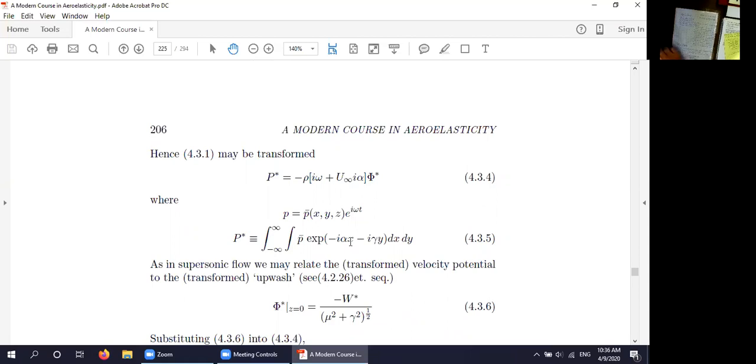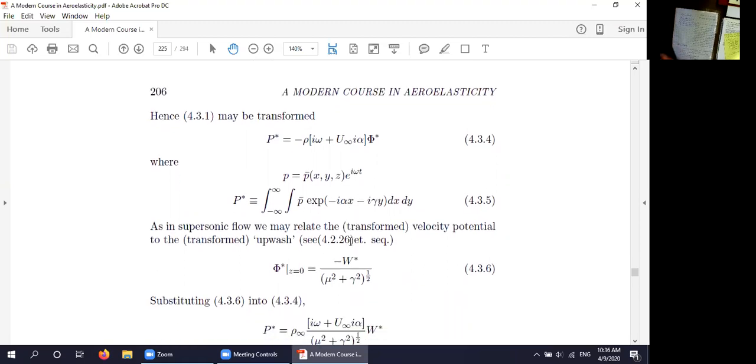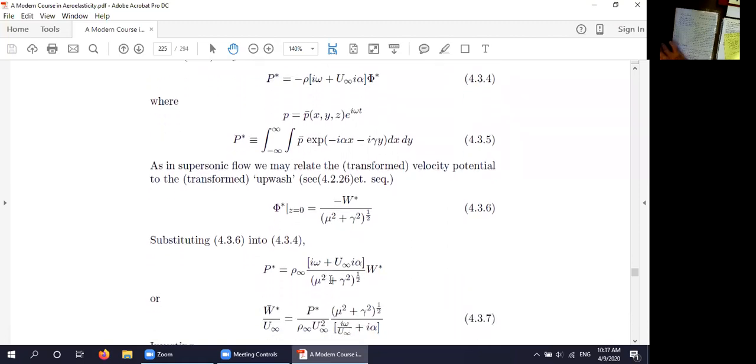And then we go through the same procedure we went through for supersonic flow. So formally, the transform relationship looks just like it did before, where I'll show you what mu is in just a moment. It has a slightly different form because we're using a Fourier transform rather than a Laplace transform. But now we solve for the velocity potential. We then can find the pressure, which we know in terms of velocity potential, now in terms of the downwash. So this is the pressure transform. This is the downwash transform, and this is a factor that involves the transform variables.